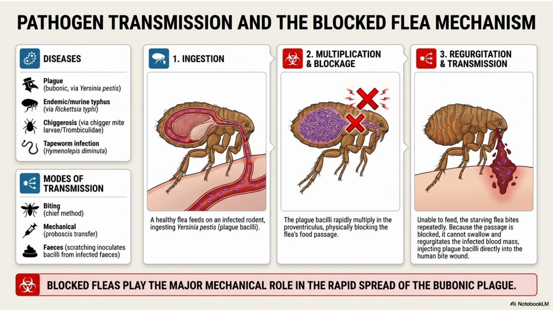So this is a blocked flea. The bacilli multiply in the proventriculus and block the food passage of the flea. Blocked fleas play a major mechanical role in the rapid spread of bubonic plague.